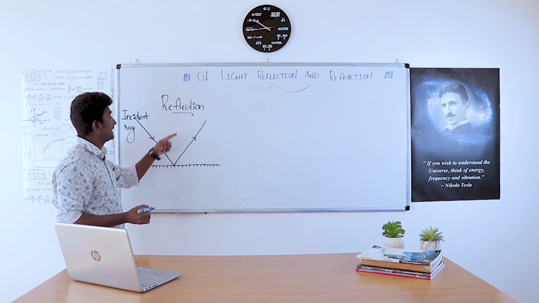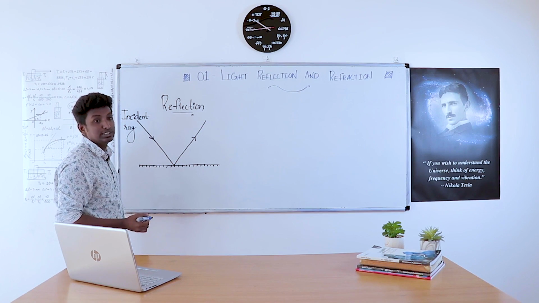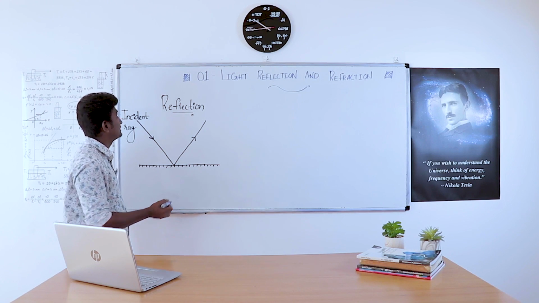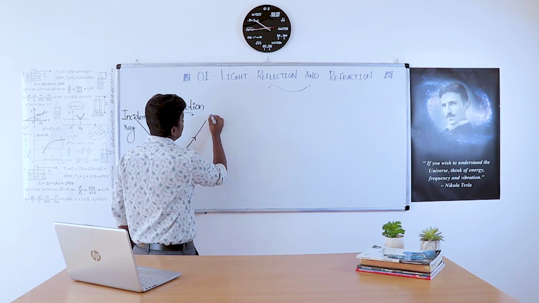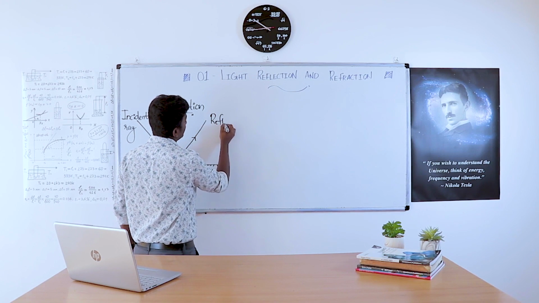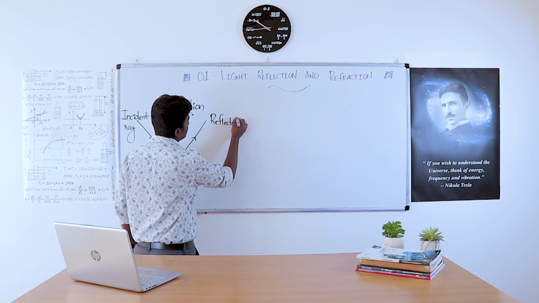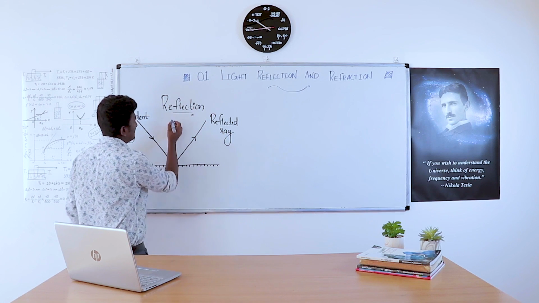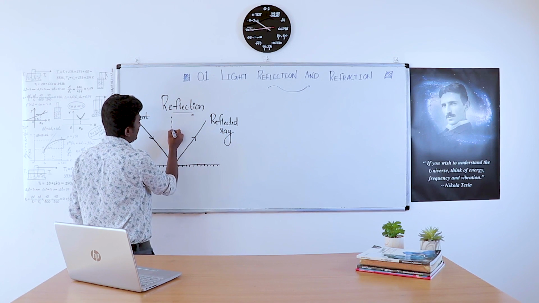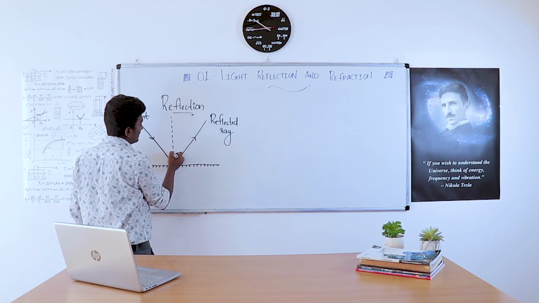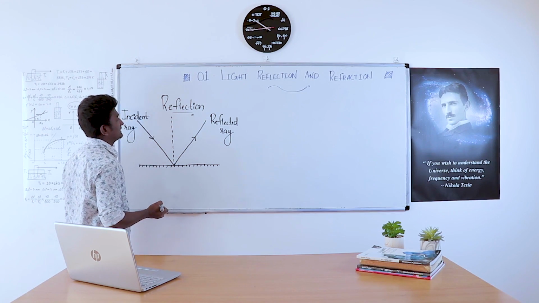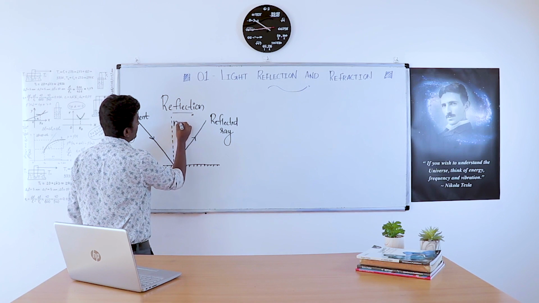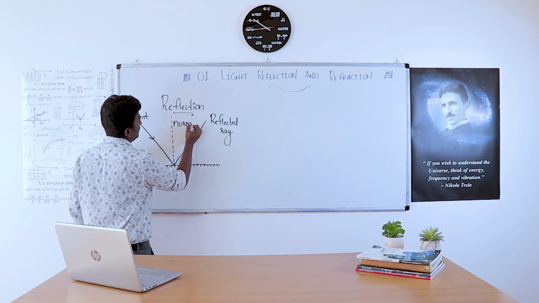The ray of light which bounces back from the smooth surface is known as the reflected ray. And a perpendicular to the surface is known as the normal.